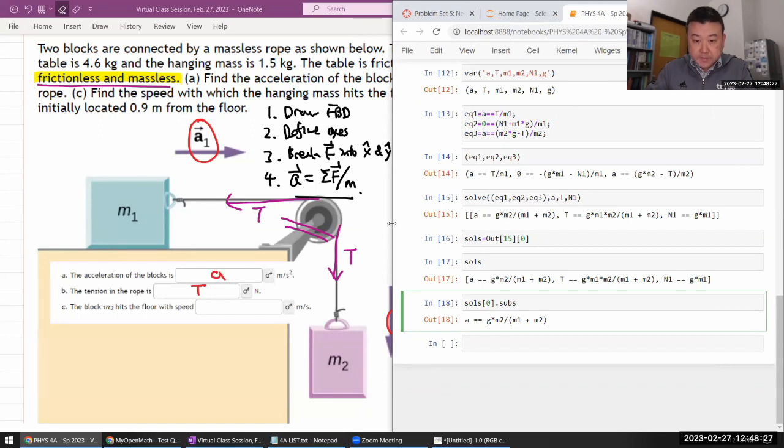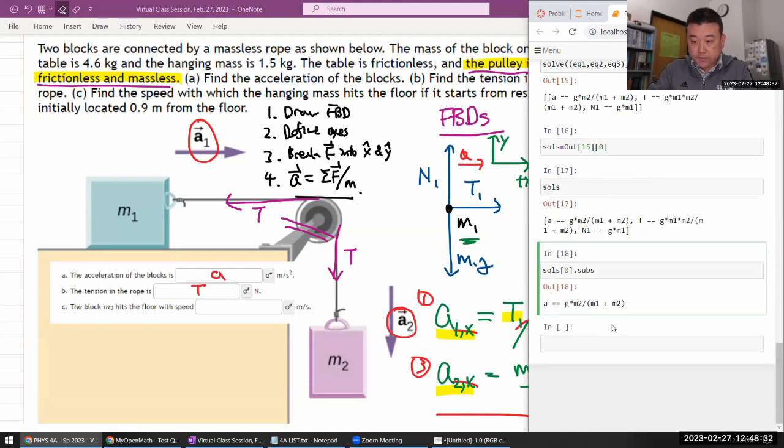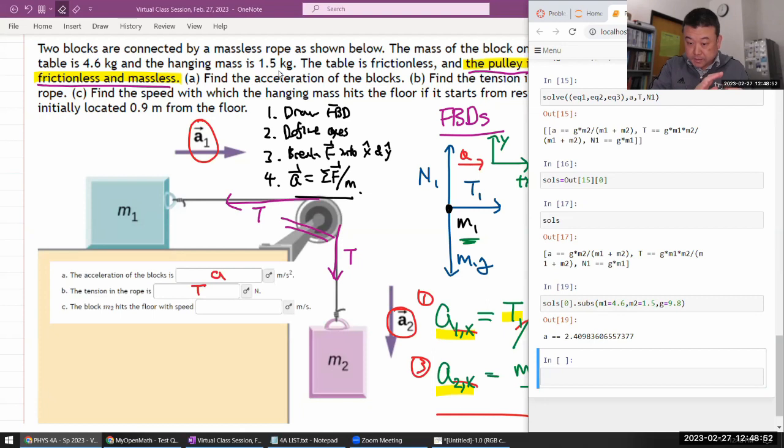I'm given the mass on the table, that's M1, and that's 4.6 kilograms. M2 is 1.5 kilograms, and I need a g of 9.8 meters per second squared. I think that's all the numbers. Let's see if I put that in. Yeah, acceleration is 2.41 meters per second squared.